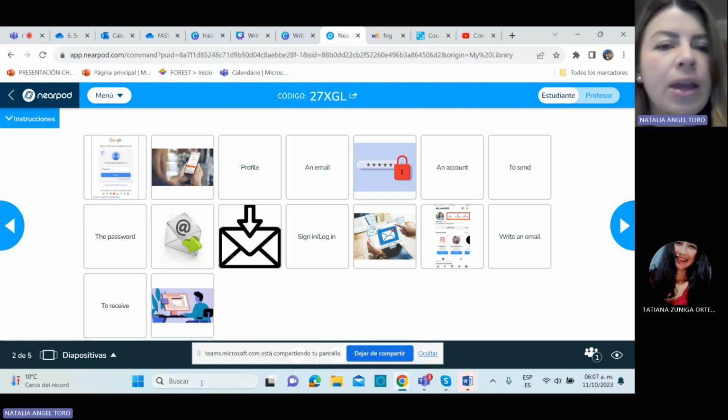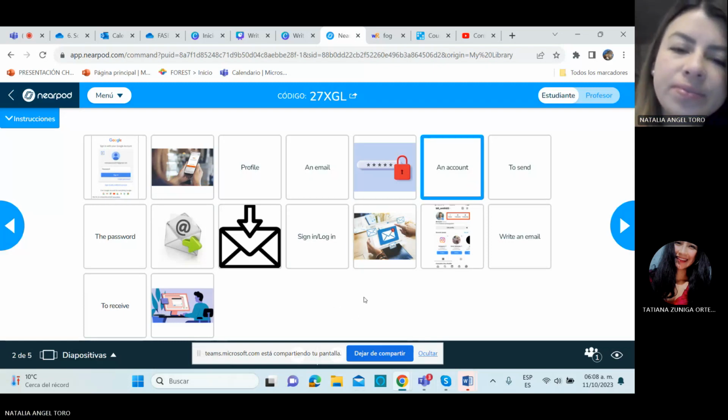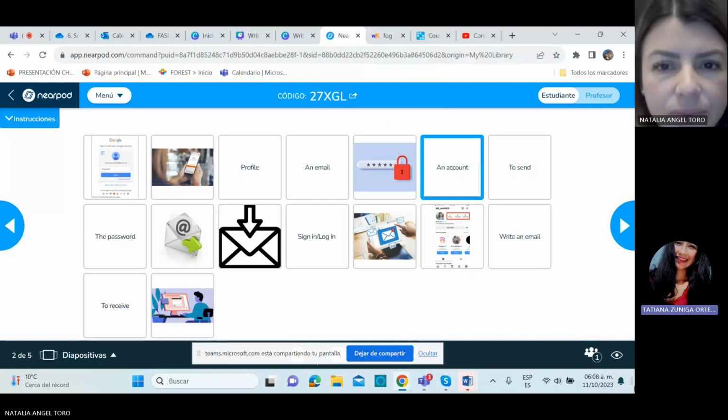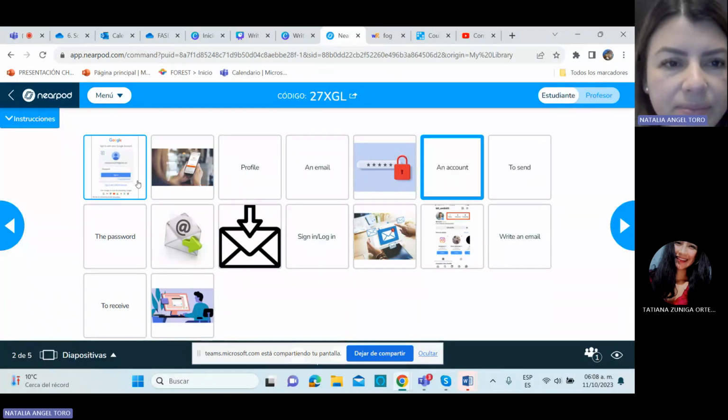So, Tata, which one was the picture for an account? It's the one above, I think. The first one, or the second one, or the third one? Second.